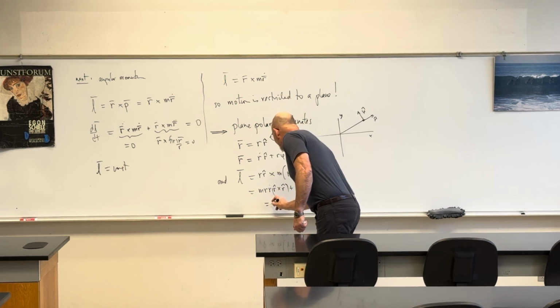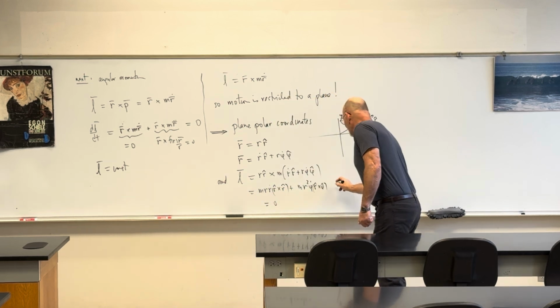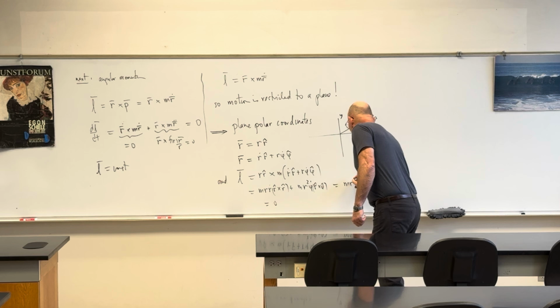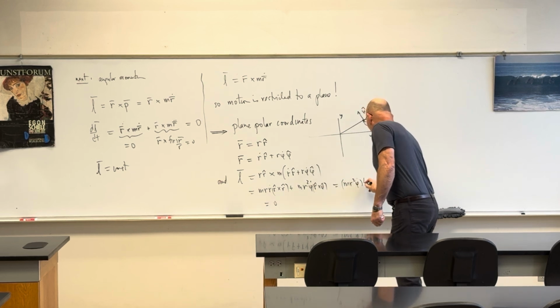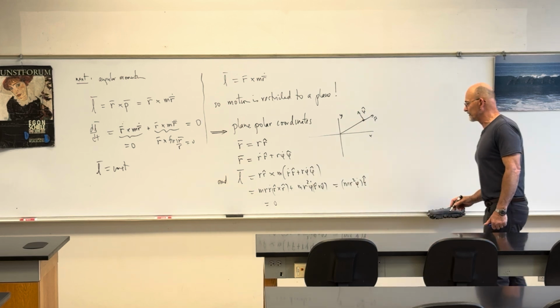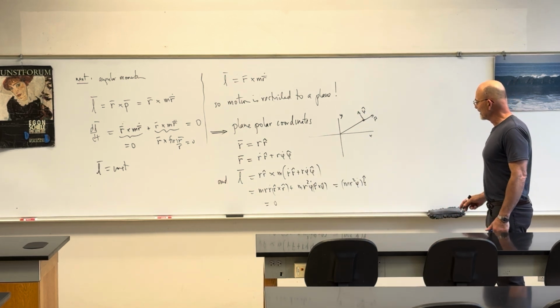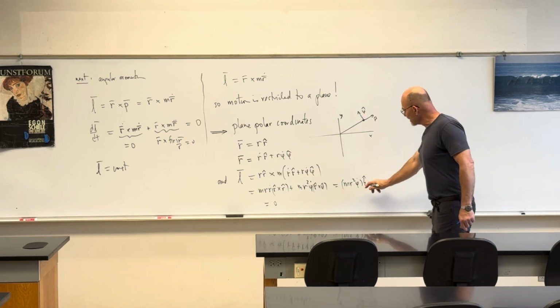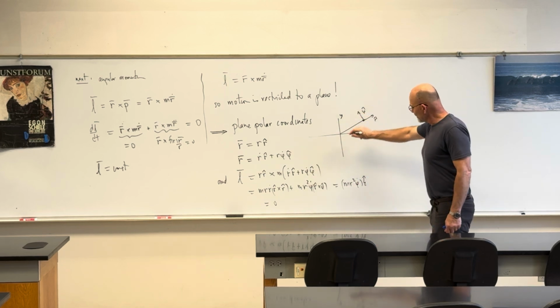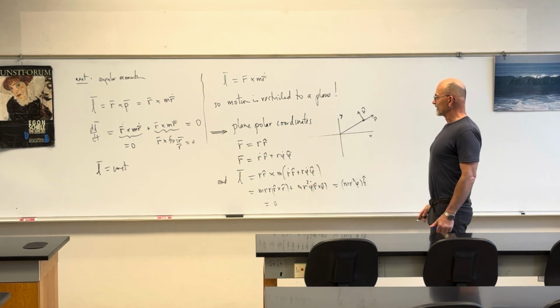This one vanishes, and this one is m r squared phi dot k hat if you want. Right? We're restricted to the plane, but if we include the third dimension, we get m r squared phi dot k hat.